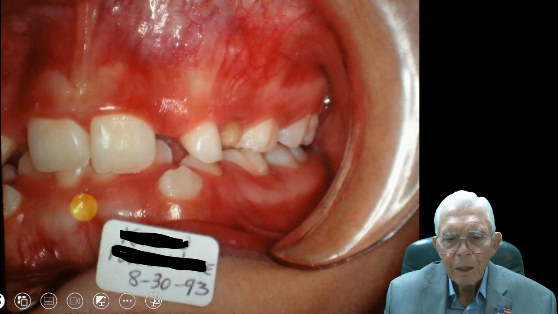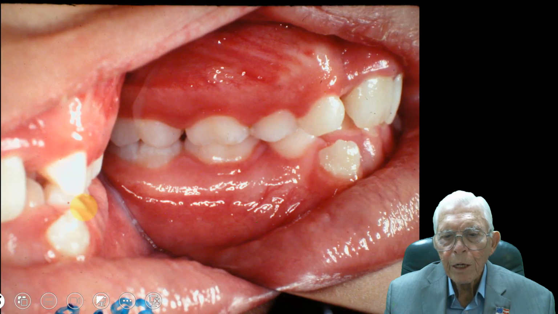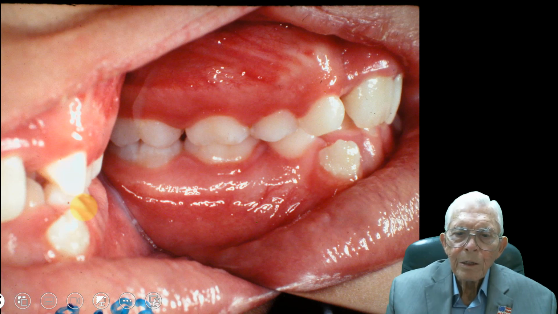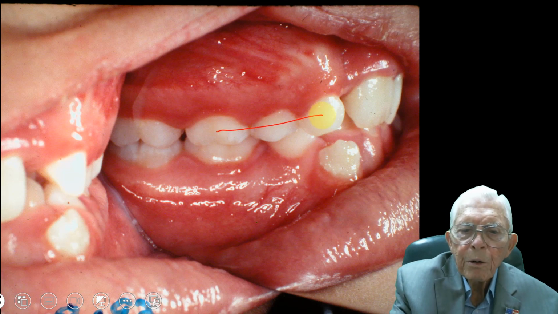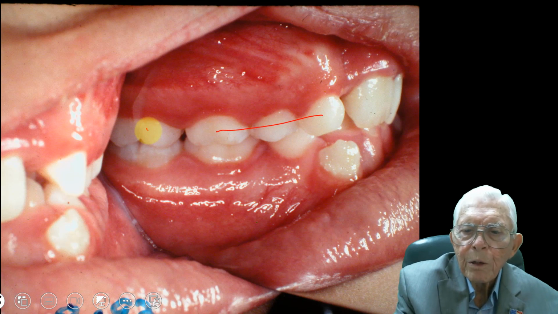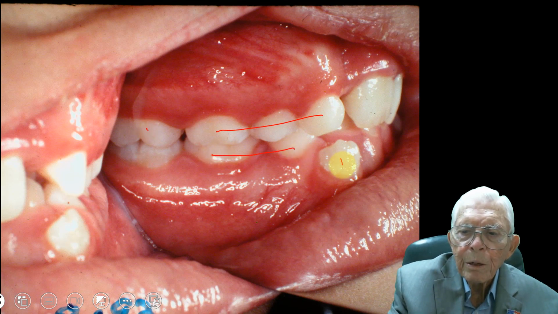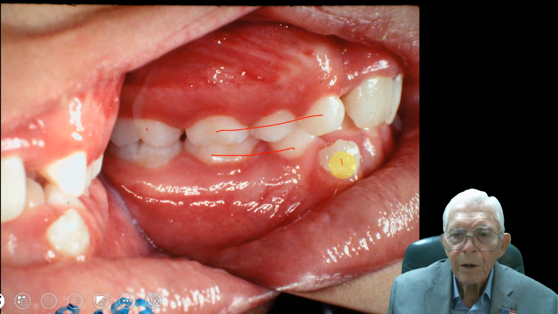Looking on the other side, you can see those laterals that are in crossbite back there. So here's the side over here, and these are deciduous teeth in here. That's a permanent tooth. This is a permanent tooth coming in this area right there.